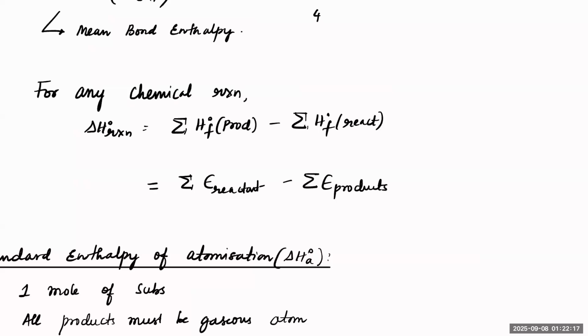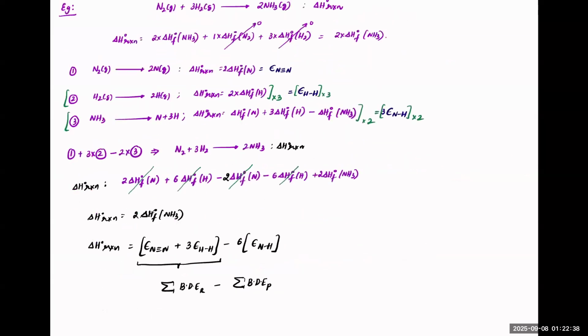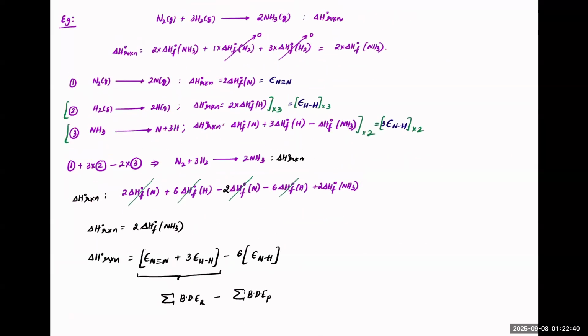So delta H naught of the reaction can be written in terms of formation of the products minus formation of the reactants, or another way of representing it is bond dissociation enthalpies of the reactants minus bond dissociation enthalpies of the products. Correct? So is that point proved here? Please check.